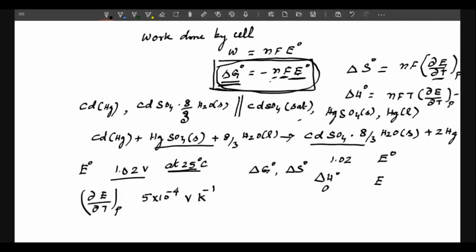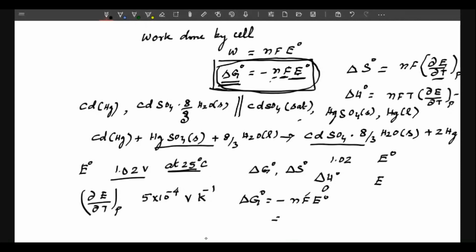Now you are asked to calculate delta G0. Delta G0 is equal to minus nFE naught. E naught is given. F you know. n you do not know, but the cell reaction is given. From the cell reaction, you have to calculate the total number of electrons involved.